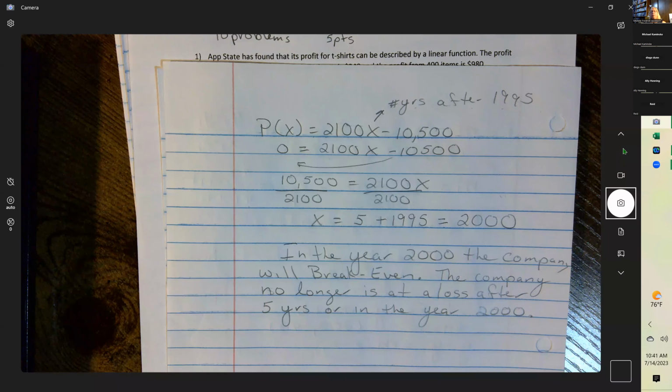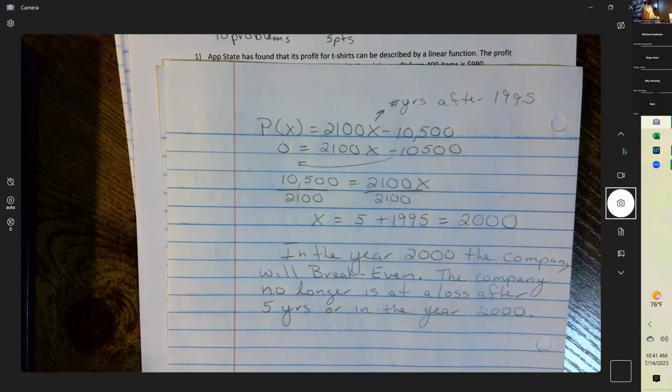So something like that could explain it. I think it's with a quantity, and there's another problem that we'll go over with it. But any questions on that one?